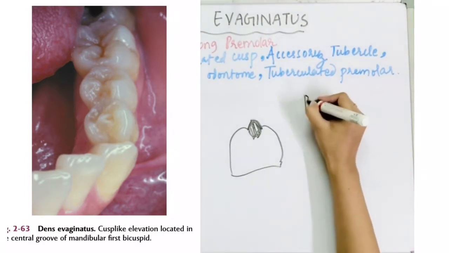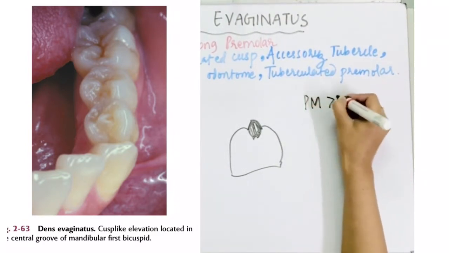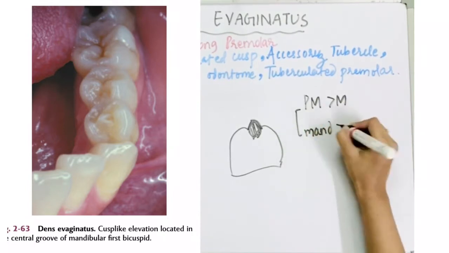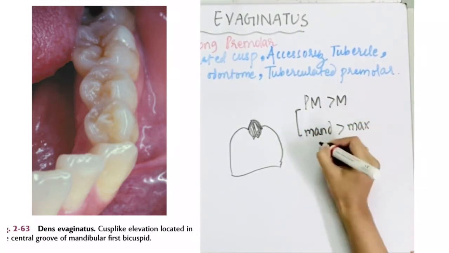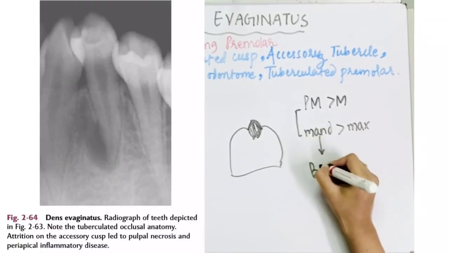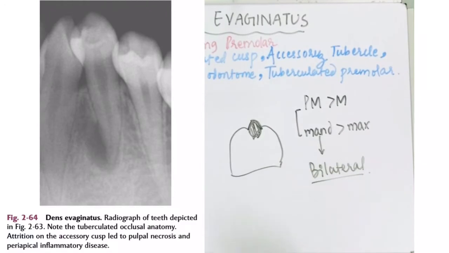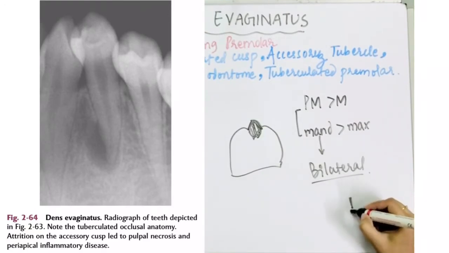Alright, so this will be seen more in premolars, sometimes in molars. Next, mandibular premolars as compared to maxillary, and these are usually showing bilateral involvement. And dens invaginatus is not seen in the primary dentition, so it will not be seen in primary teeth.